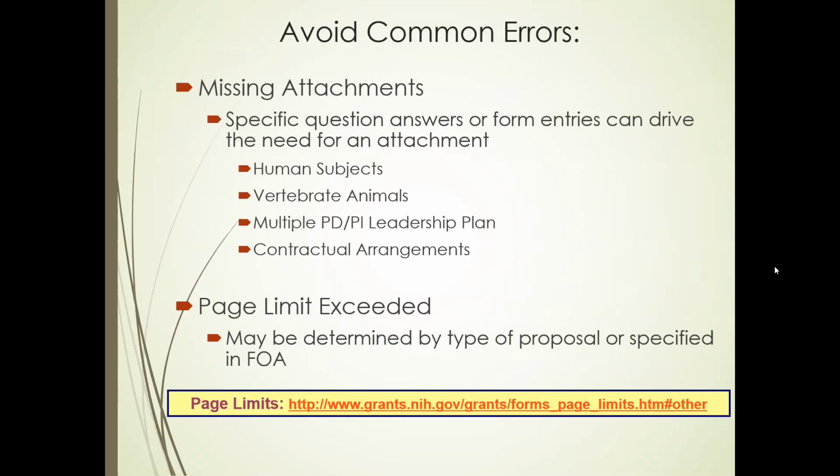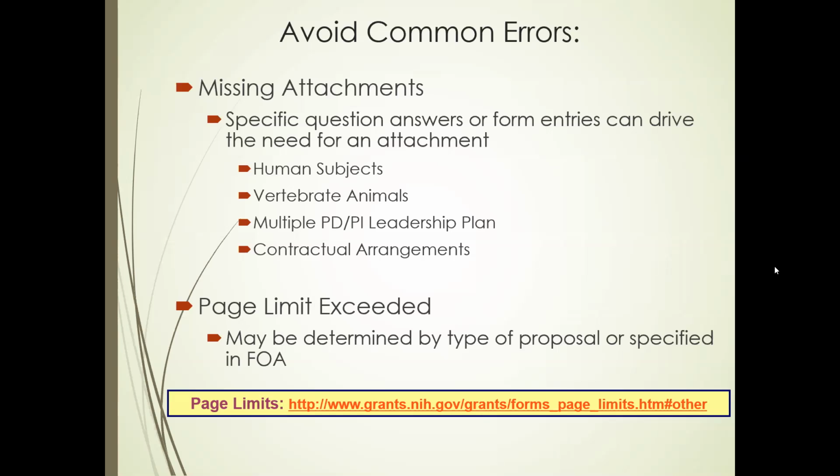Some of the common things that we see that cause problems are questions that drove specific files, those files being missing. So for example, human subjects files not being loaded, or not having a multiple PI or PD leadership plan. And a lot of times we catch these before submission because we primarily use Cayuse, which has a submission system that does error checks before it goes into grants.gov.